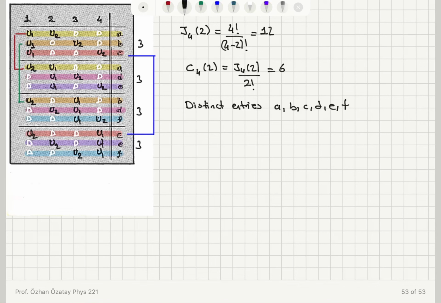So when I put my first up u1, second up u2 in the first and second moment, I realized that I could have done it u2, u1, down, down, etc. So the entries I labeled A, B, C, D, E, F are basically repeated twice because I have 2 permutations. So by counting the number of distinct entries of u1 and u2 and dividing it by the number of permutations, I got the number of combinations of 4 objects taken 2 at a time. So that allows me to calculate the probabilities properly.